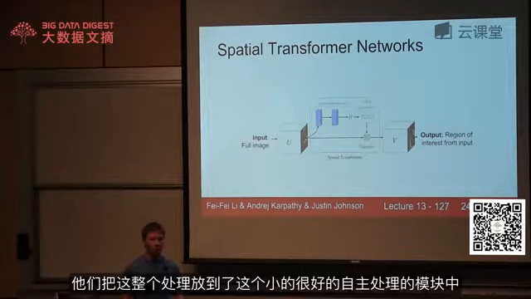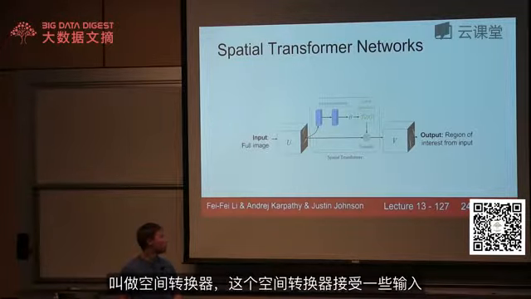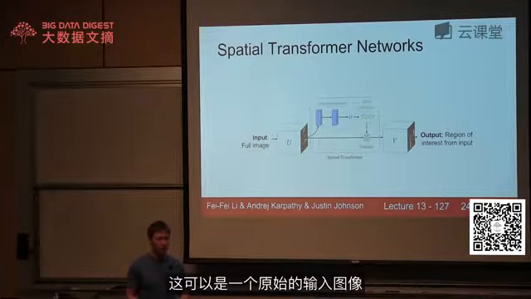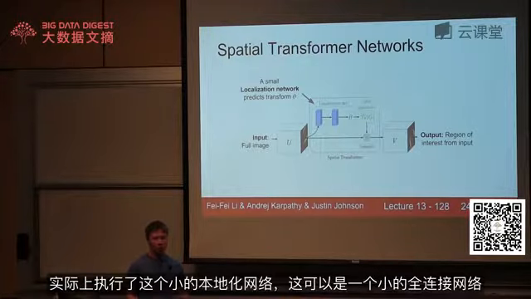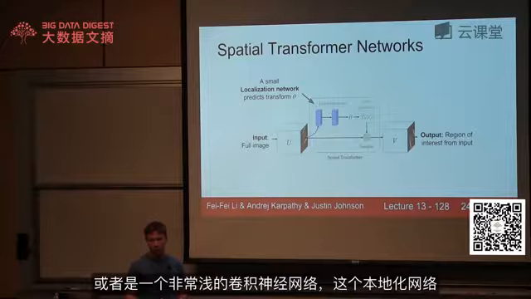So they put this all together into a nice little self-contained module that they call a spatial transformer. The spatial transformer receives some input, which you can think of as our raw input image, and then runs this small localization network, which could be a small fully connected network or a very shallow convolutional network.